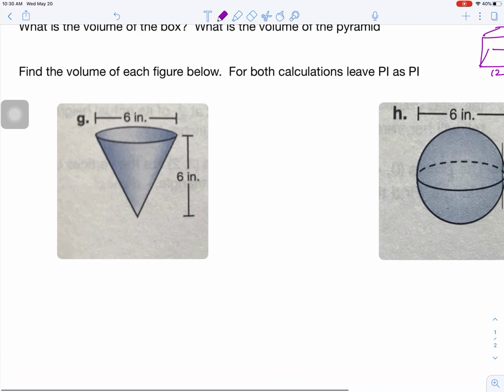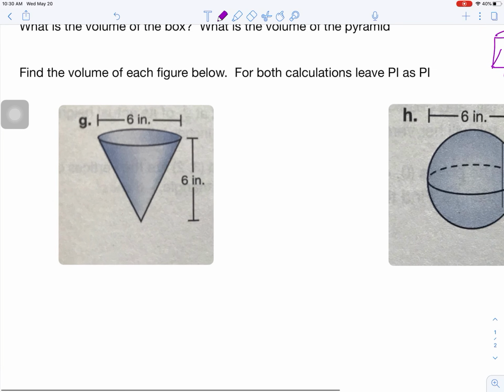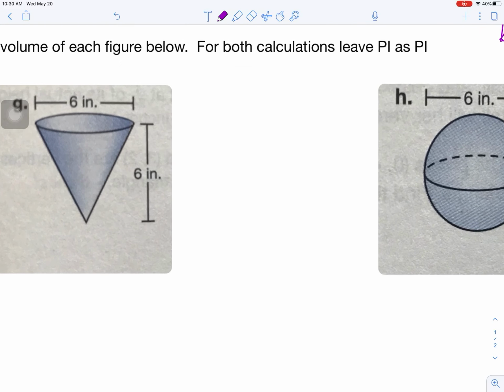All right, so the next one, it says find the volume of each figure. The volume of a cone we already know: 1/3 pi r squared times the height. And so leave pi as pi. So let's do this: 1/3 pi times 3 squared times 6.